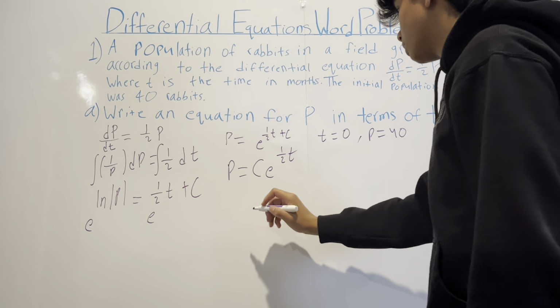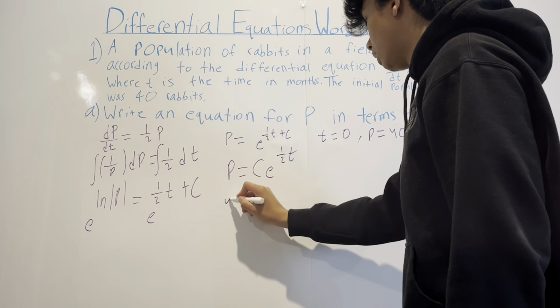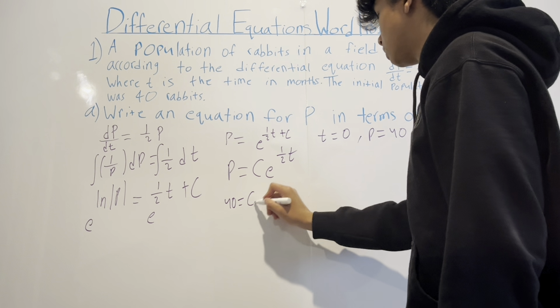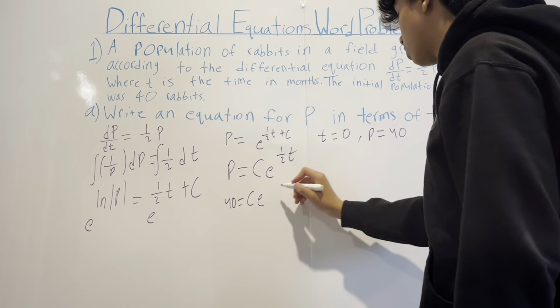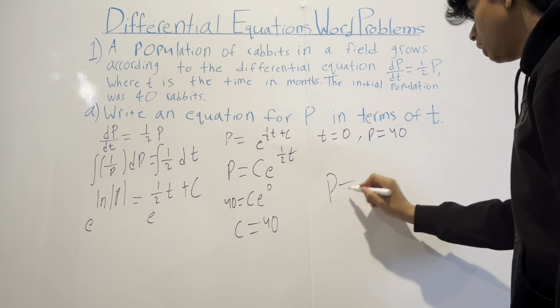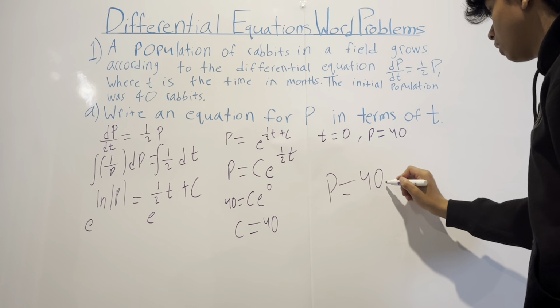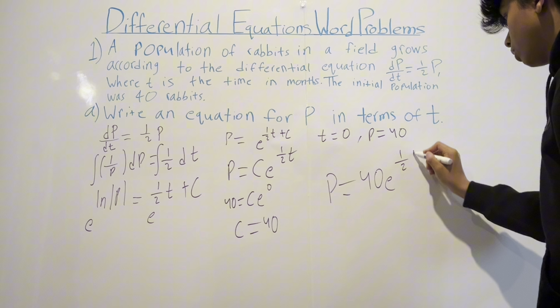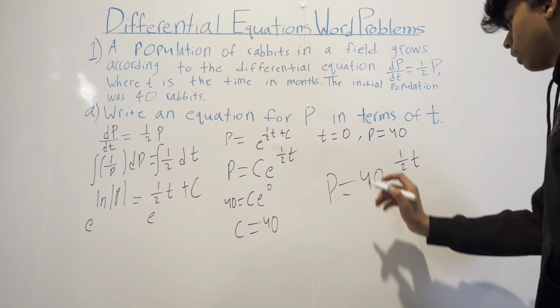So now we can solve for this unknown. So 40 equals c e to the 1 over 2 times 0 is just 0, and e to the 0 is 1. So c equals 40. So now I can fully write the equation. P equals 40 e to the 1 over 2 t. And this is our final answer.